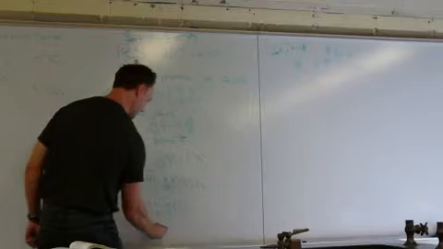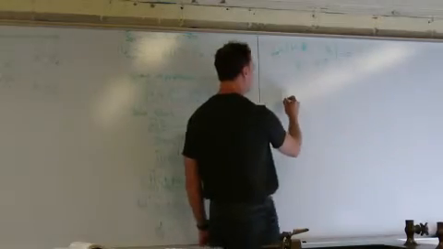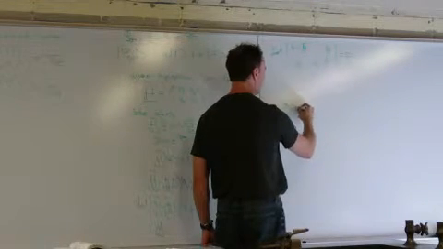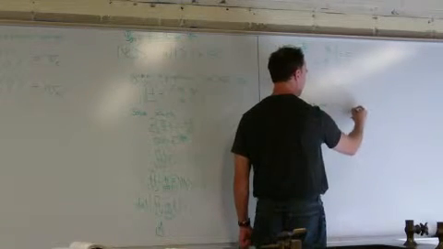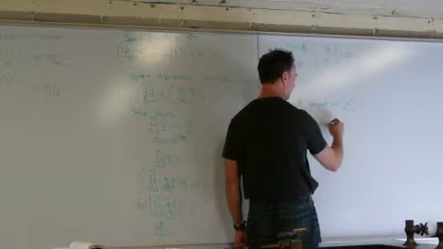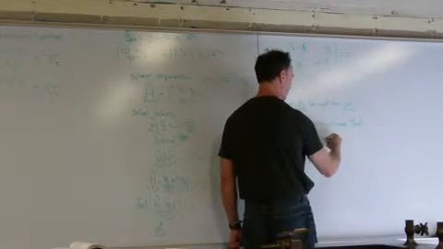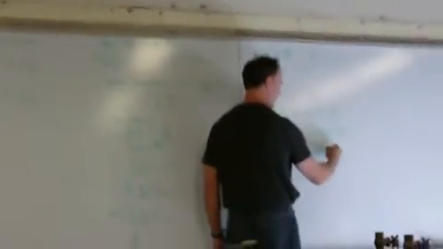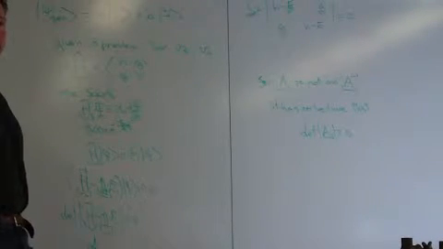Let me call that A. For A to not have an inverse, it has to be true that the determinant of A equals 0. And you're calling A what? This whole matrix, the difference of those two? Yeah, I didn't want to write that again. Okay?